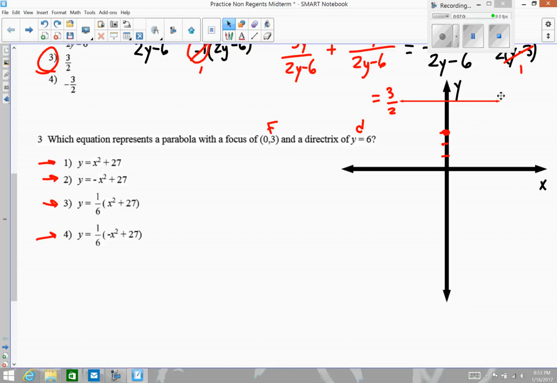And so I will have a vertex that's going to be exactly in between those 2 points, right between 3 and 6. That would be at 4.5. So my vertex, 0, 4.5. And this thing is going to need to open downwards, something like this.